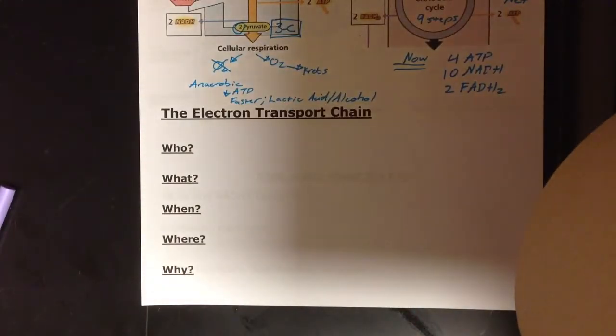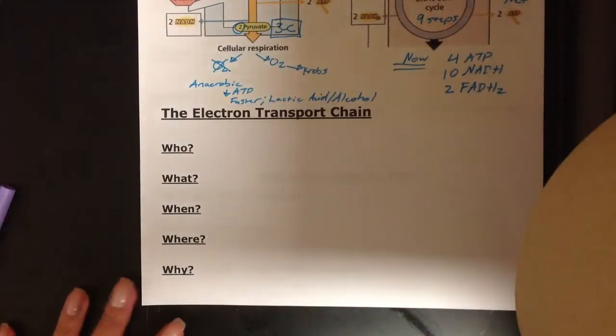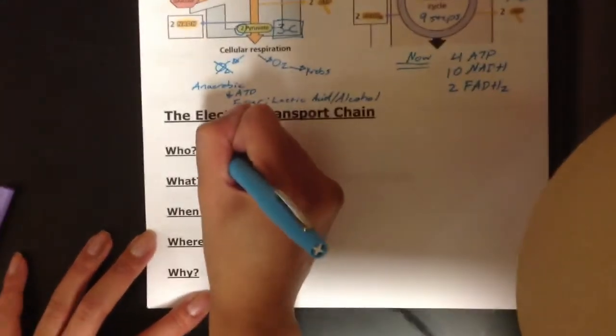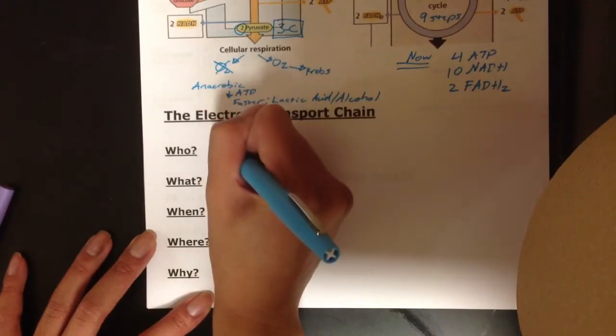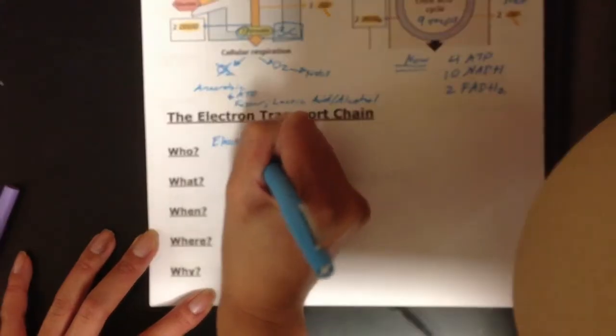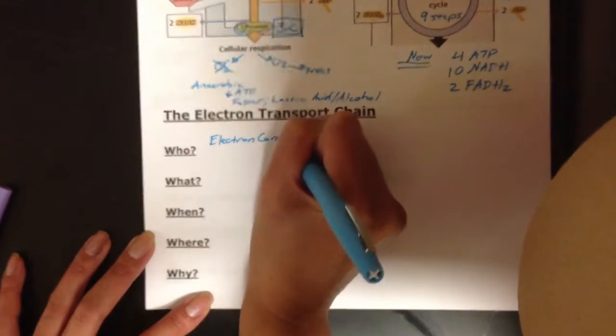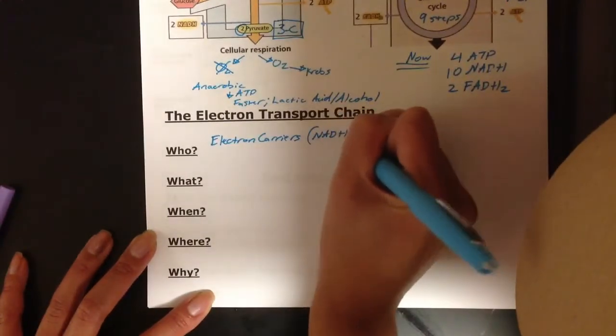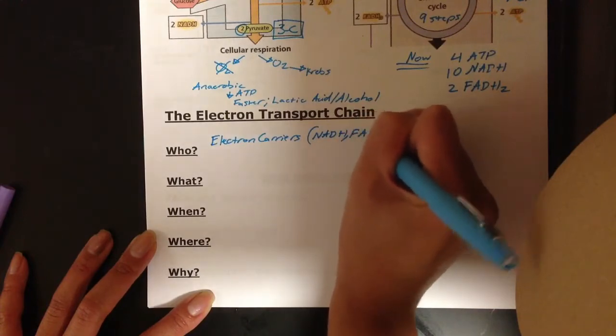And a really quick overview of the electron transport chain is that, well, who are we working with? What are we working with? We're actually going to be working with our electron carriers. And with our electron carriers, we have 2 of them, NADH and FADH2.